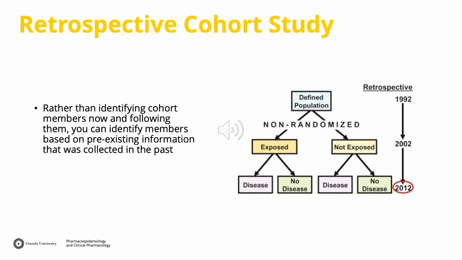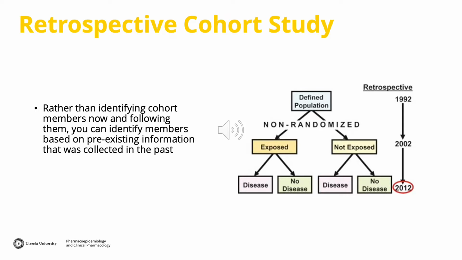You have a defined population, and then you observe their drug exposure status, and then after they've been exposed to a medication, you observe or have information on whether they've experienced the outcome of interest or not from an electronic medical record or from administrative health data, electronic claims data, but you're relying on pre-existing information.